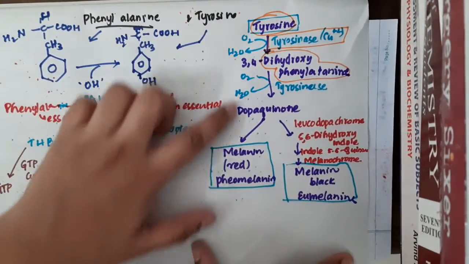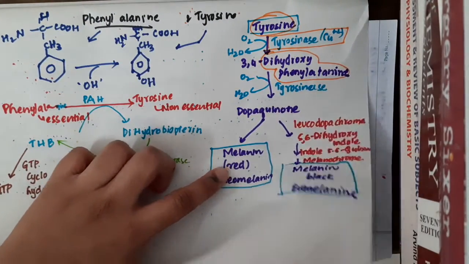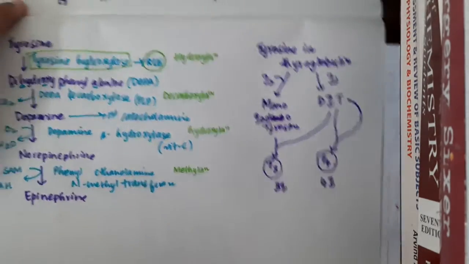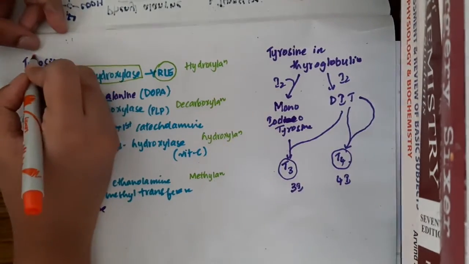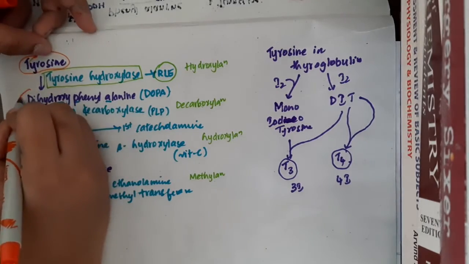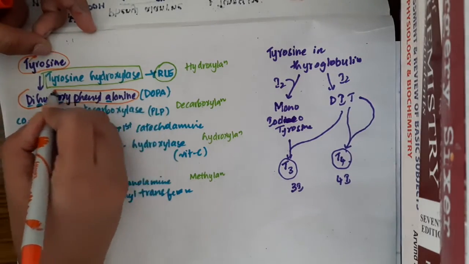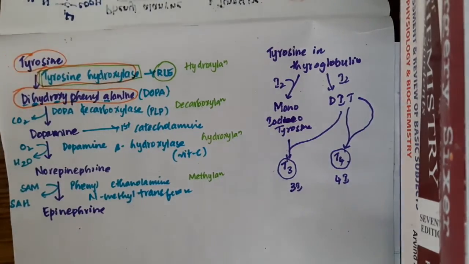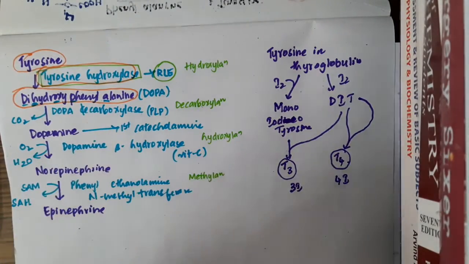And this is the process of melanin formation. Right? Similarly, if you see here, even here, the tyrosine gets converted to dihydroxyphenylalanine, and here the enzyme is tyrosine hydroxylase, and this is epinephrine or catecholamine synthesis.